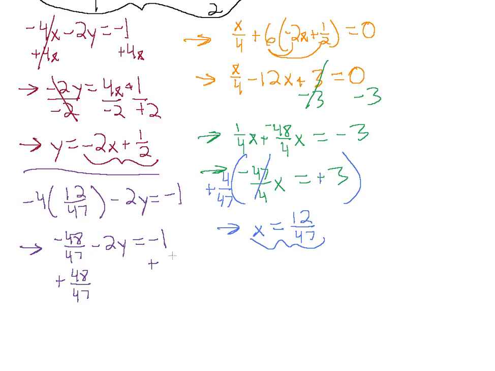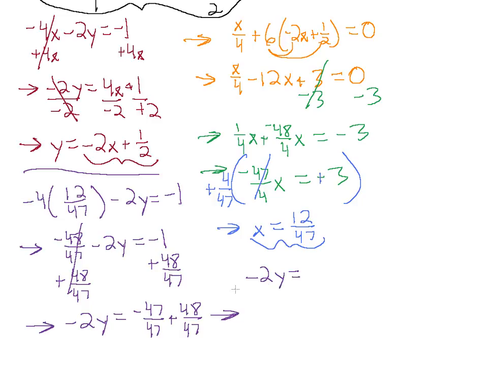These two terms will cancel, so we have minus 2y equals, minus 1 is the same as minus 47 over 47. Now we have a common denominator to combine these fractions in the next step. So we have minus 2y equals minus 47 and plus 48 is just 1 over 47.